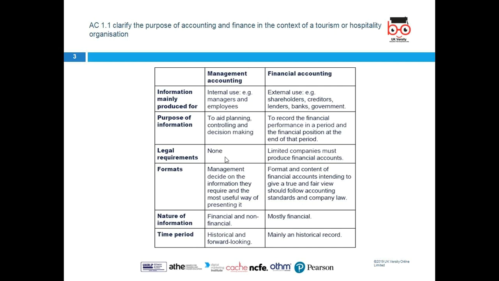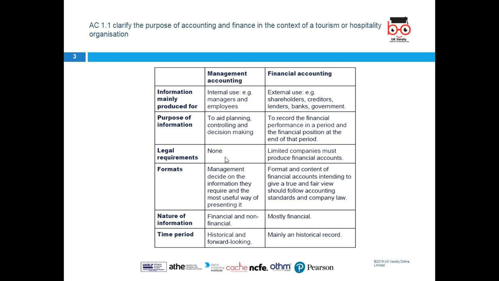We can be fined. As for format, in management accounting we decide ourselves, portrait, landscape, or whatever format we want. But under financial accounting, we need a certain format. The key headings need to be in the statement, which is a legal requirement.